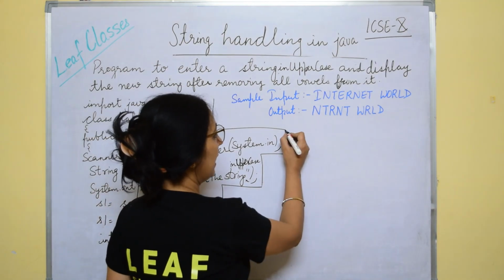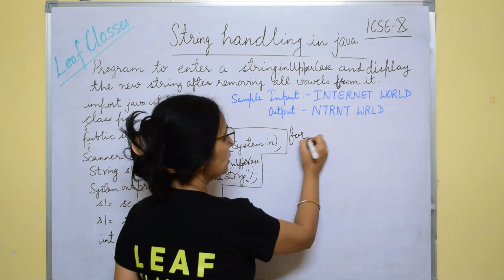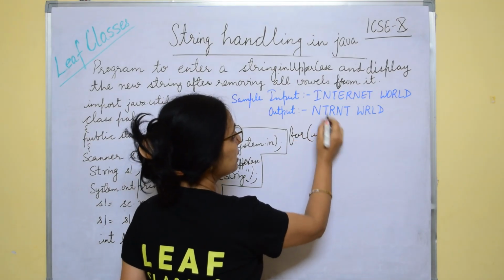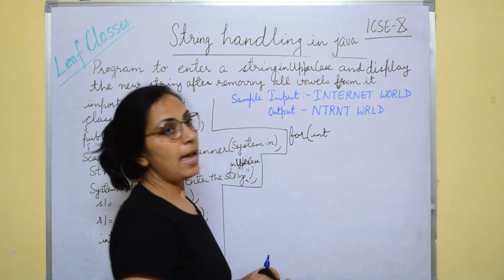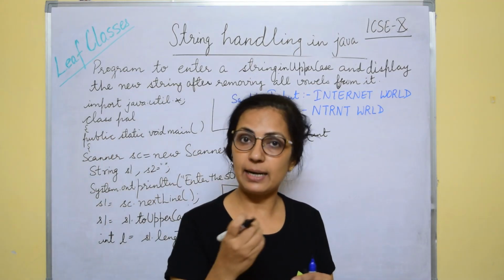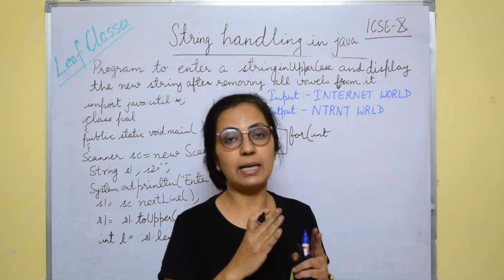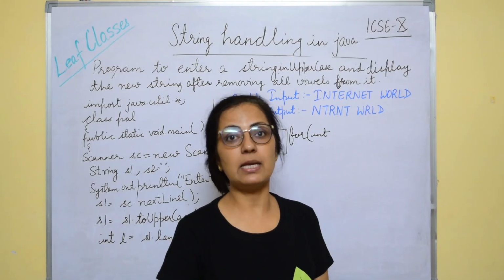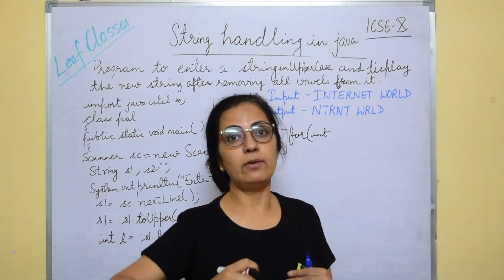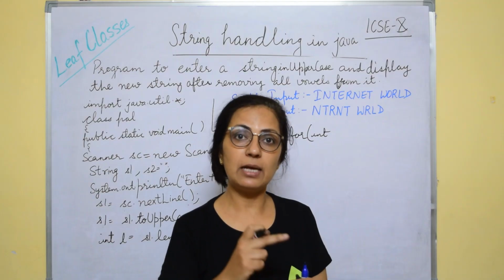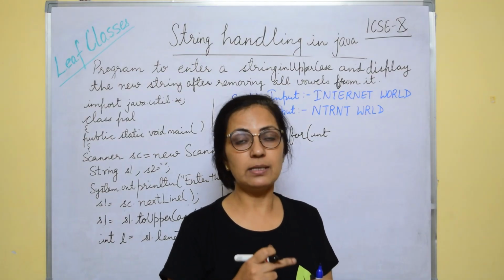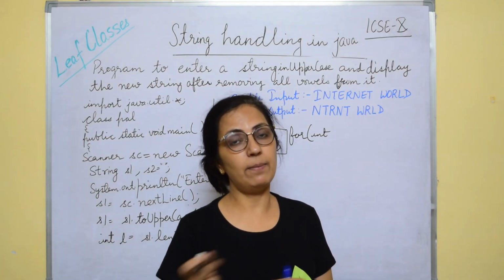For that, we first take a loop that will start from the first index number to the last index number, extract each character, and compare it with the vowels. If it is a vowel, then we will not add that character into the new string. Otherwise, if it is not a vowel, then we will add it.